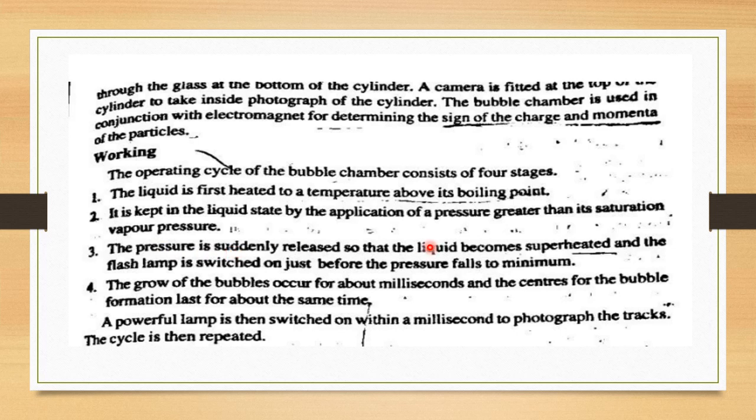Now the growth of the bubbles occurs for about milliseconds, and the centers of the bubble formation last for about the same time. A powerful lamp is then switched on within a millisecond to photograph the track. This cycle is then repeated. This is how we detect using this bubble chamber.